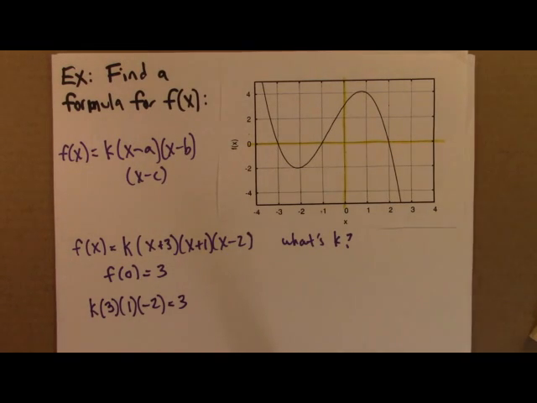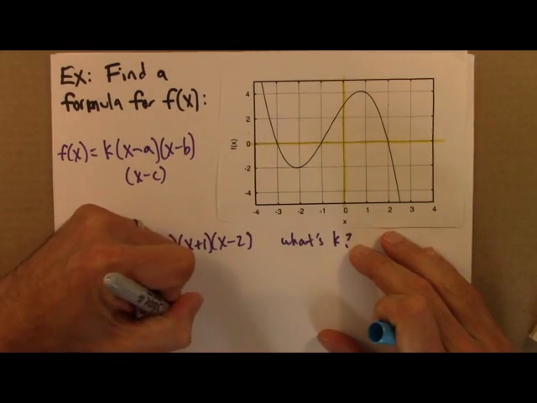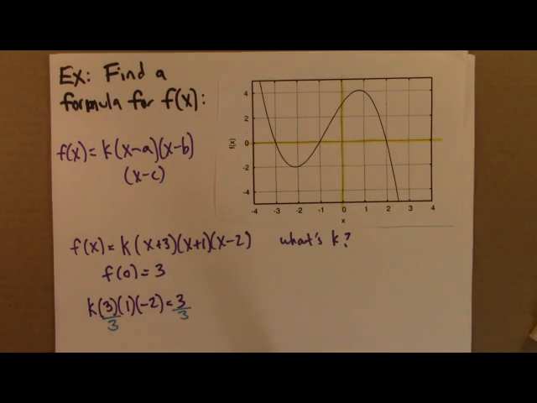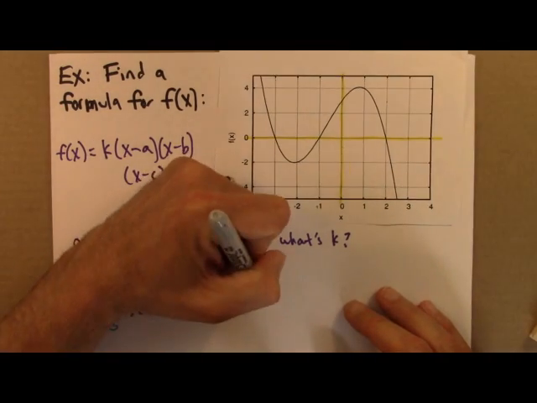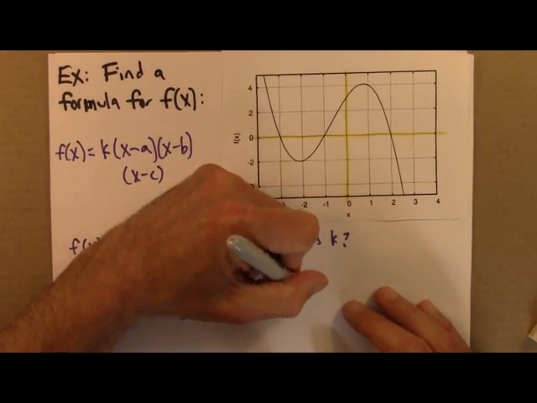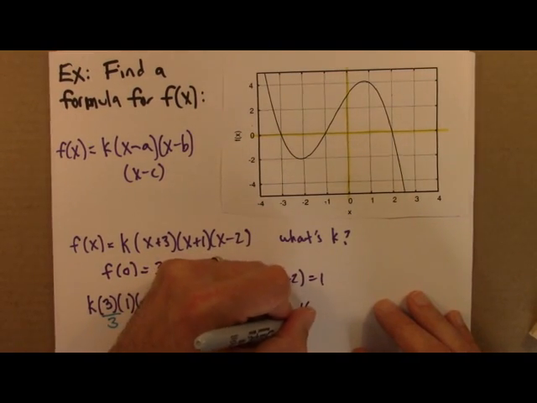And this doesn't look like it's going to be too bad. I can divide both sides by 3, cancel the 3's. Then I've got k times minus 2 equals 1. So k is going to be minus 1/2.